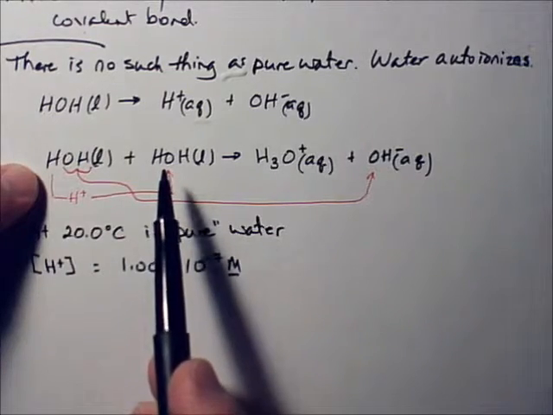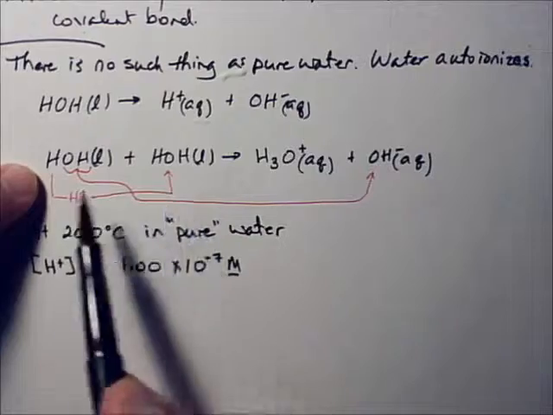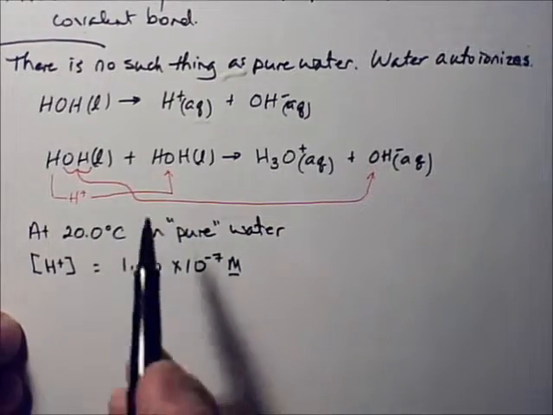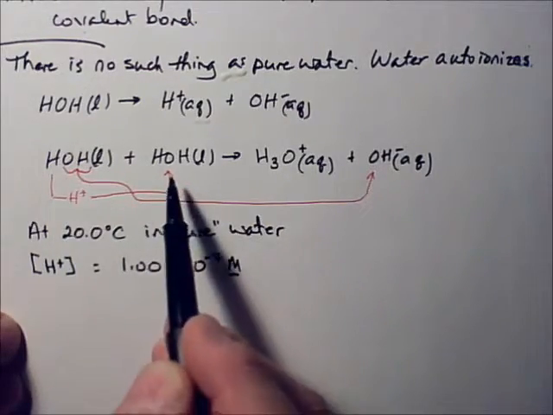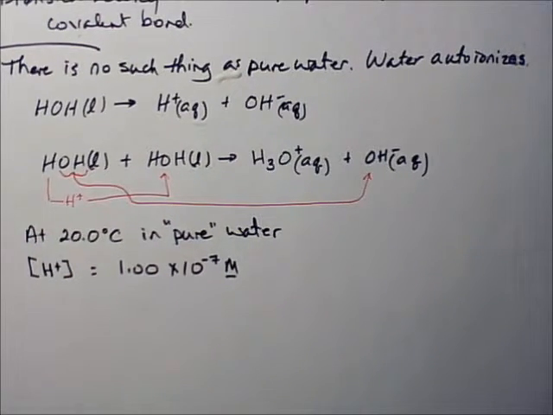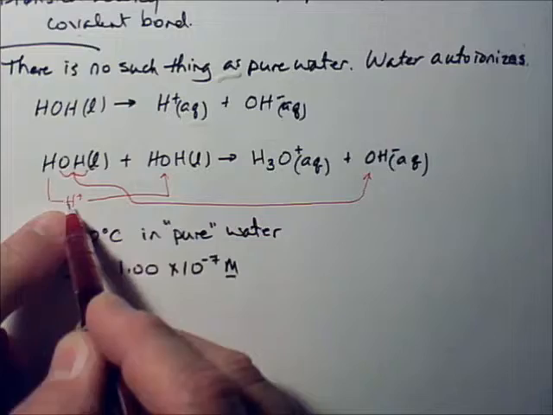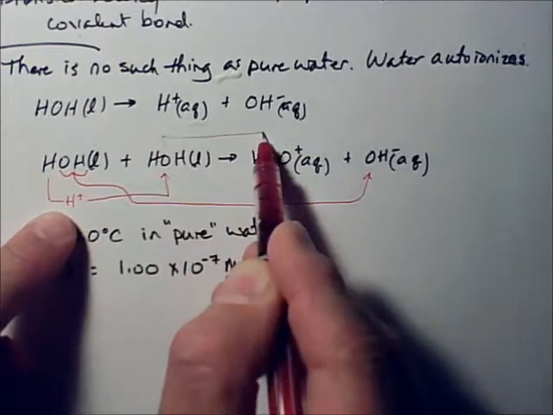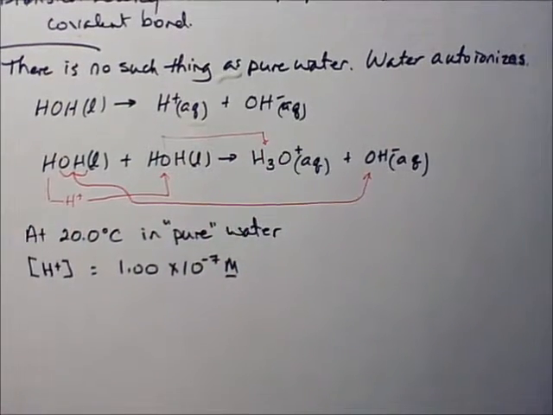It joined up covalently with another water molecule. See? I illustrated it right here. So for every hydrogen ion from this water, we create one hydronium. Does that make sense?